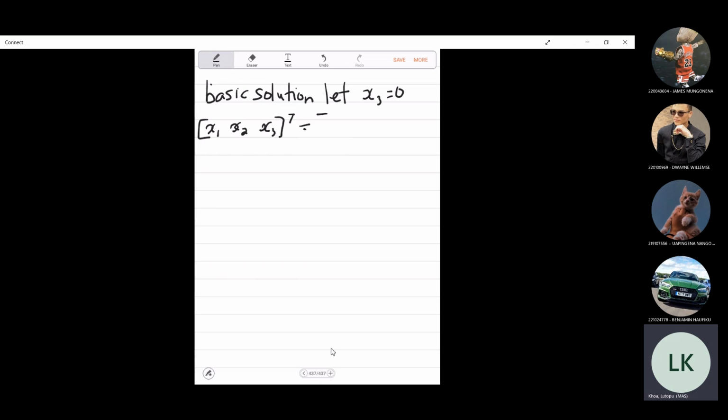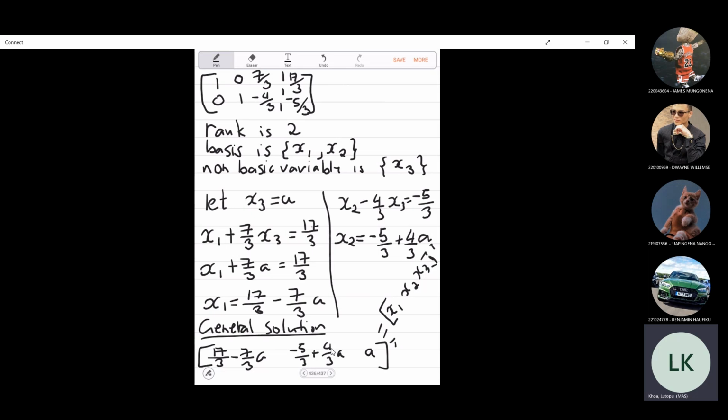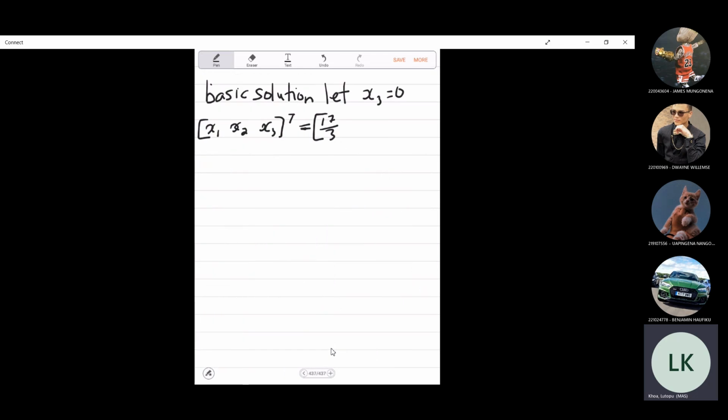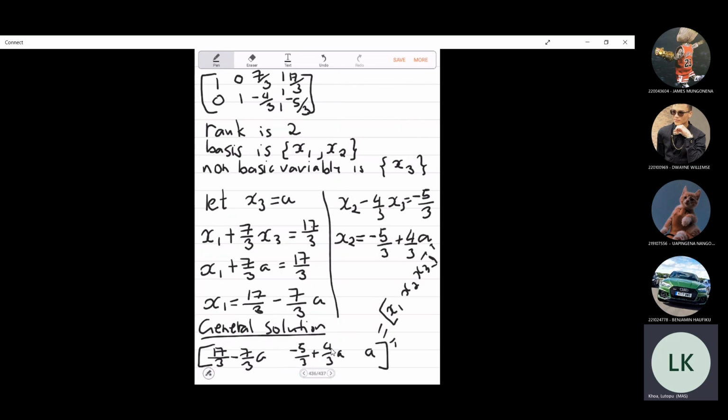This is equal to 17 over 3 and minus 5 over 3 and 0. Okay, so those are the 4 or 5 things that we're looking for.